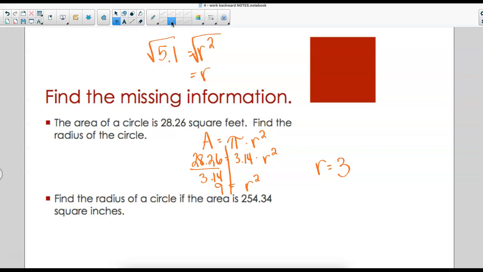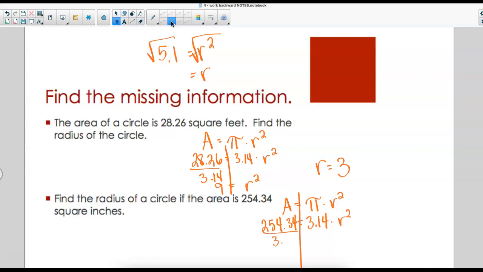Okay? So let's try this last one. Find the radius of a circle if the area is 254.34 square inches. Go ahead, Sydney. A equals pi times radius squared. We fill in what we know. 254.34 equals 3.14 times r squared.